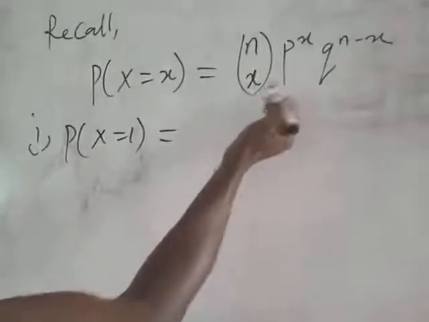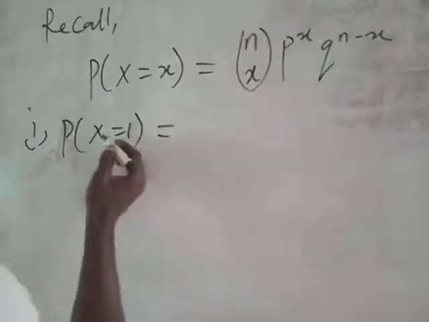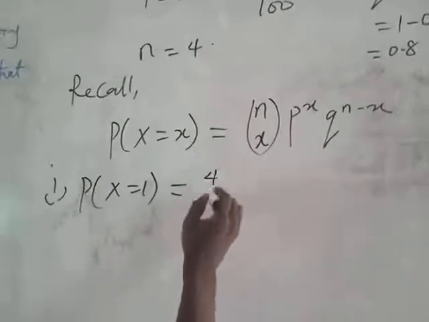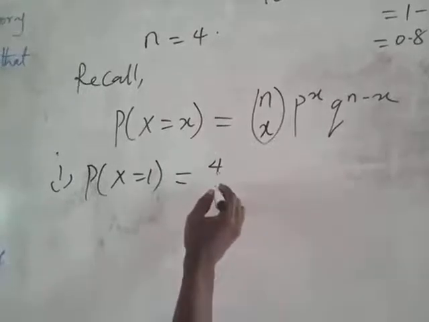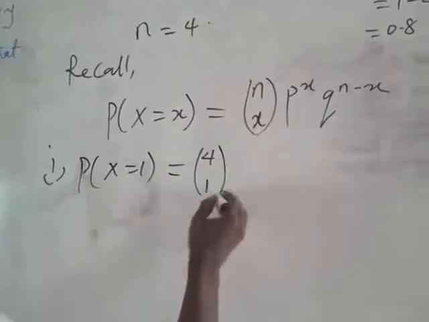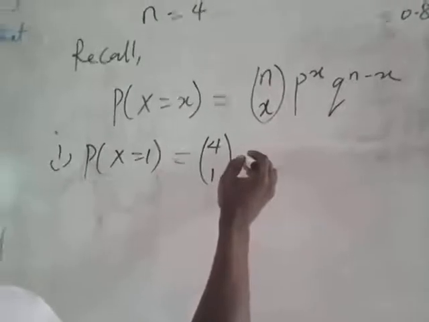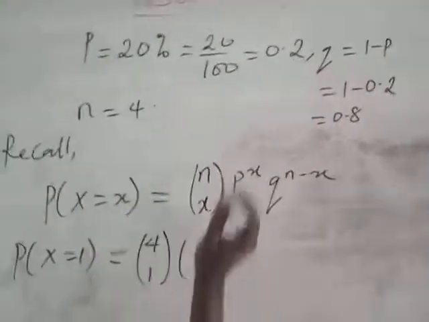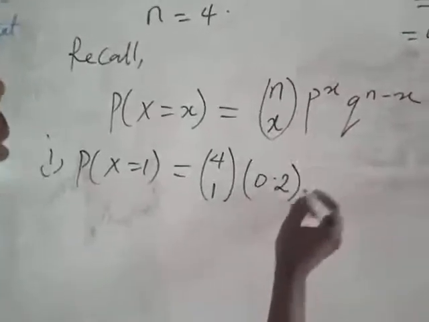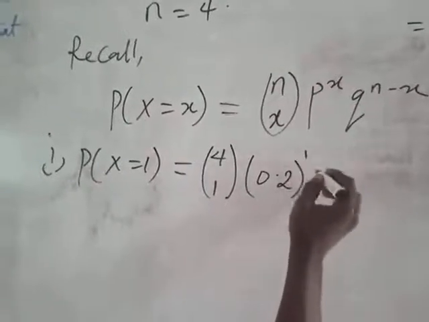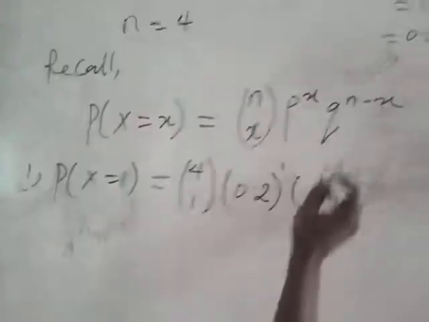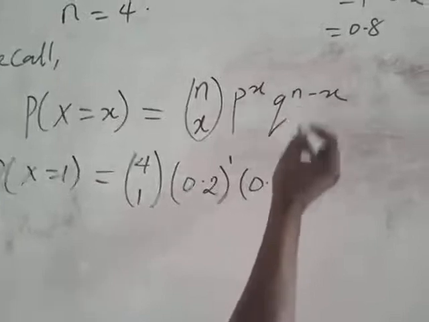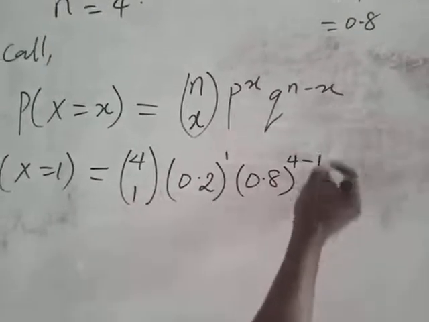We substitute into this. So our n is 4. So we have 4 combination 1, then times p, 0.2 raised to the power of 1, times q, 0.8 raised to the power of n minus x, 4 minus 1.